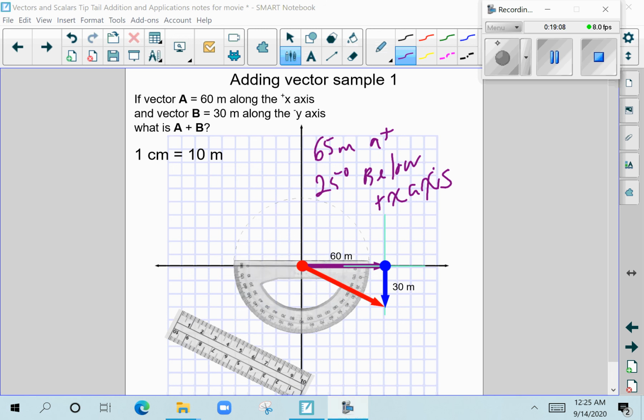So I can say that my resultant is 65 meters at 25 degrees below the positive x-axis.